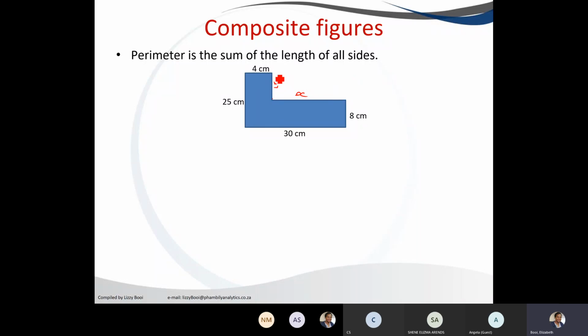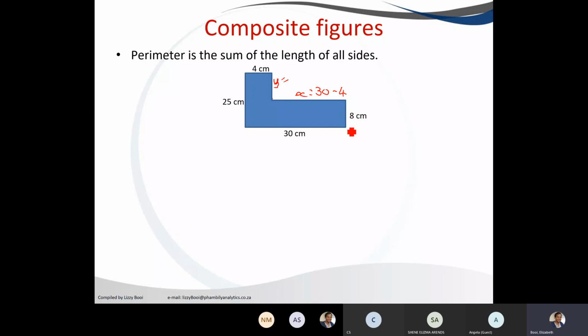Therefore, the X will represent the missing part. So I can say my x is equal to 30 minus 4. And I can also calculate my y, because if I look here, we have 25 centimeter.